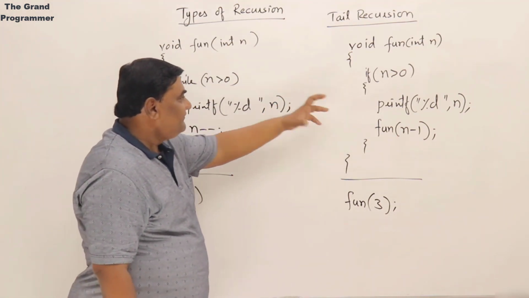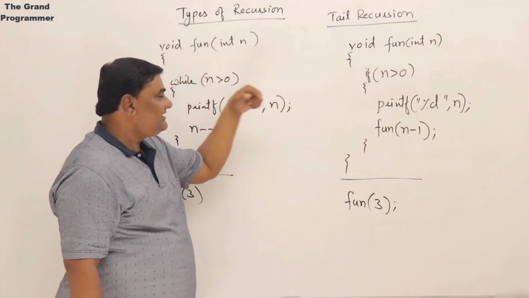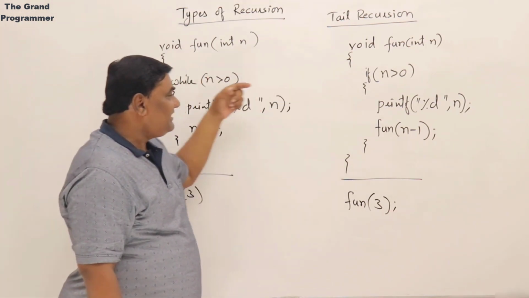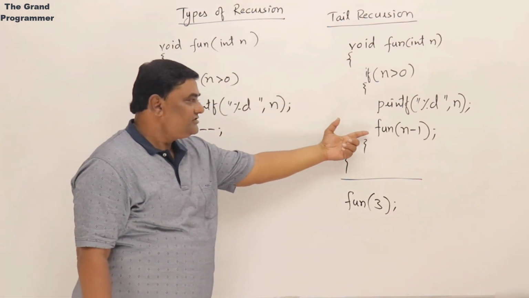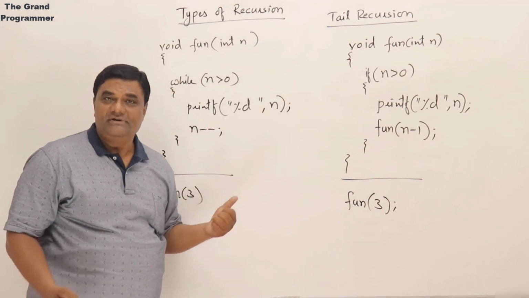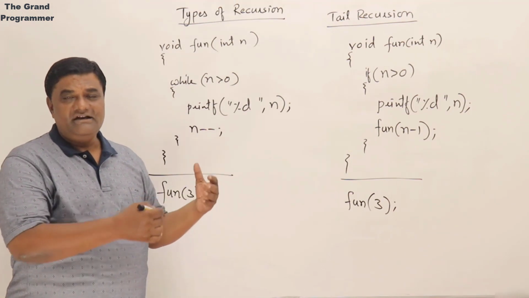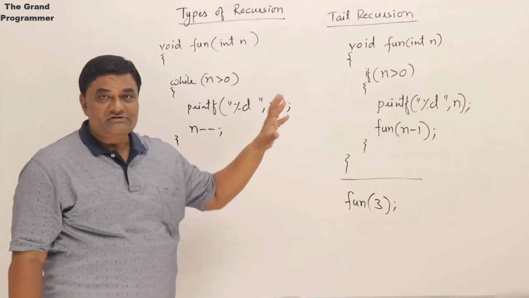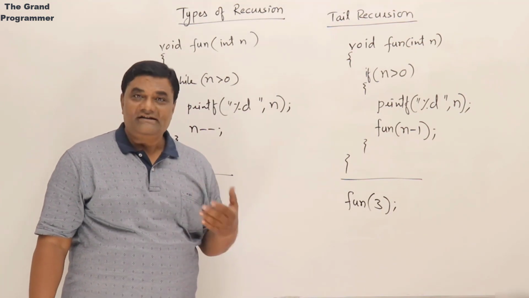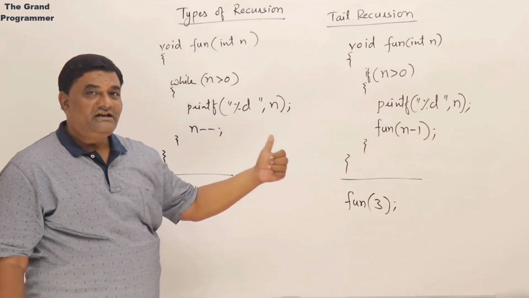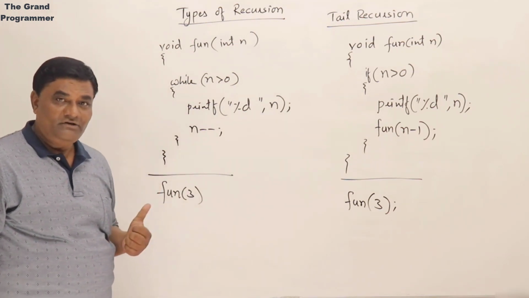I have converted it: instead of a conditional statement, I made it a loop, and instead of a function call with decreased value of n, I have just written n minus minus. The function is the same, the output is the same, and the structure looks more similar. So the point I have to tell here is that tail recursions can be easily converted into a loop.